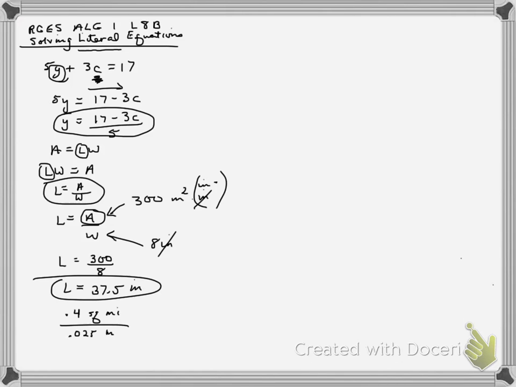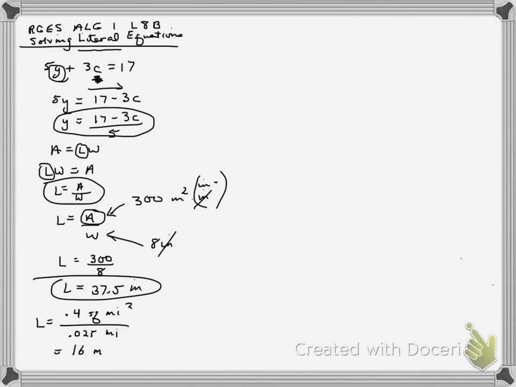And so again, that actually should say 0.025 for the width. It should not say square miles in his example. In the text, it really should just be miles. And so our length is going to be, doing the arithmetic for that, 16 miles.